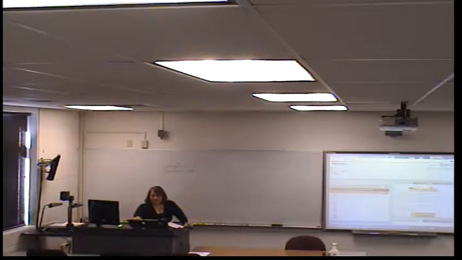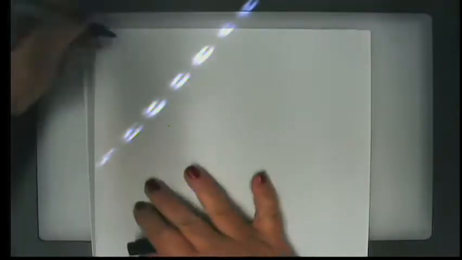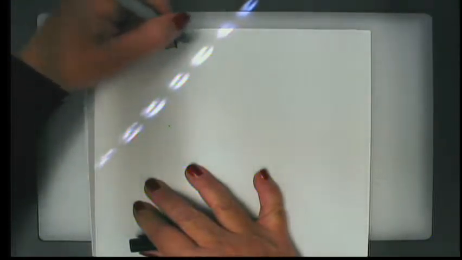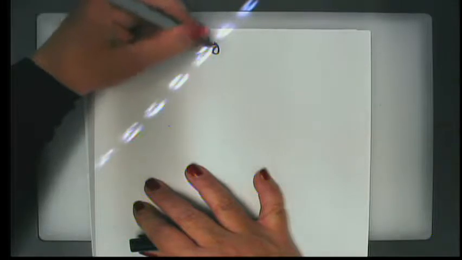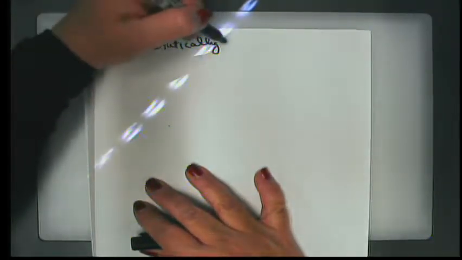So to begin, let's come over here to the document camera, and we'll start with a definition first. What do we mean by the phrase statically indeterminate problems? Statically indeterminate means that you cannot analyze these based on an analysis of forces.